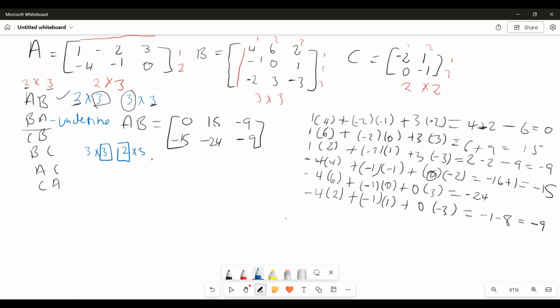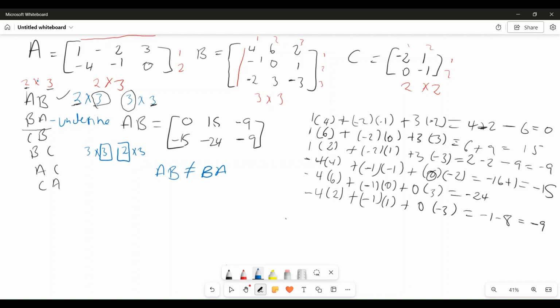But on matrices, you have to notice that if you have matrix A multiplied with B, it doesn't mean that matrix AB is the same as matrix BA. That is not true, so they are not equal.